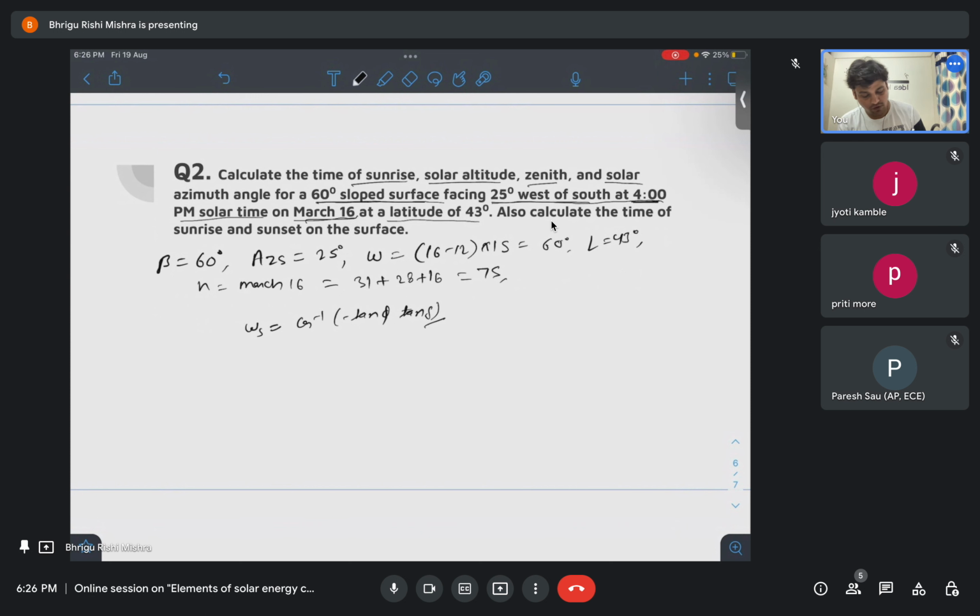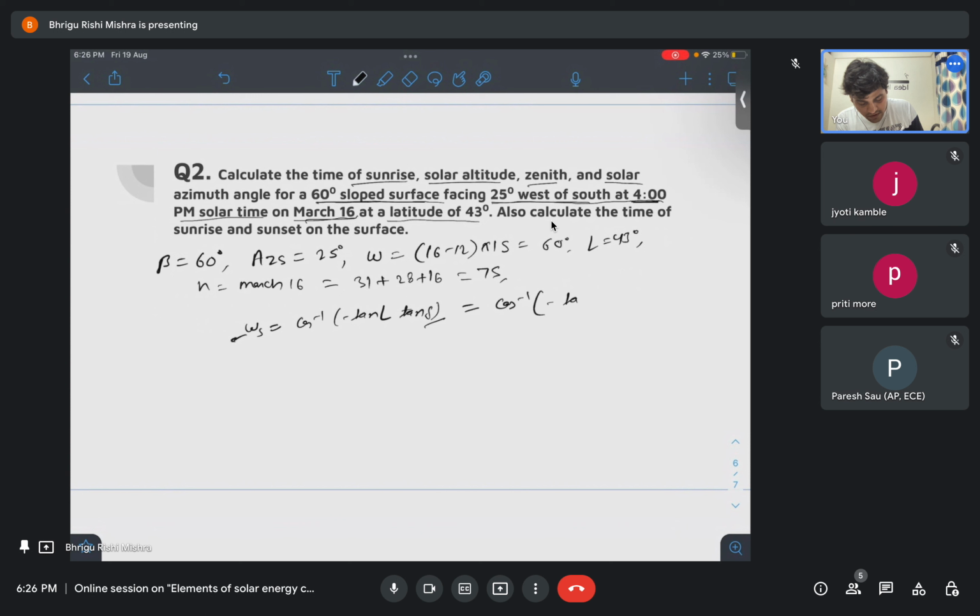So omega s is cos inverse of minus tan L tan delta. In some books latitude is denoted with the phi notation, which is why I put phi here, but since we are using the L notation, I am sticking with L. So what is omega s?